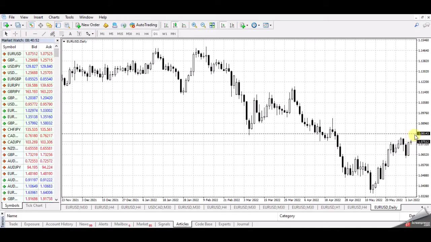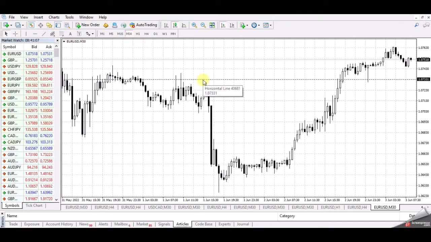So the first resistance is 0.814, okay. The first support is 0.733, okay. Now go back to M30 chart time frame.